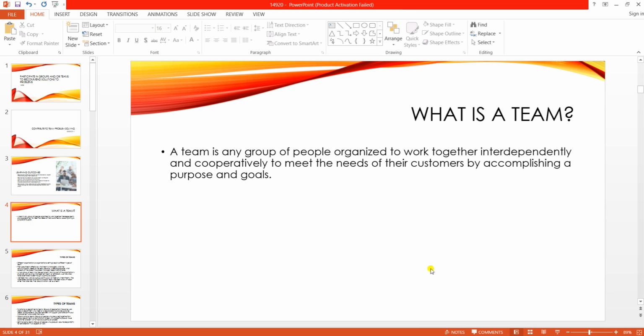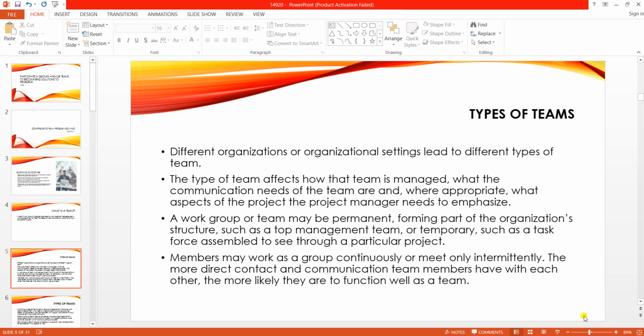In that instance, a team would be giving out objectives in terms of who needs to do what, and in order for the team to accomplish or meet their target, there are certain goals that they need to meet. So they'll work together in order for them to meet their goals. And also, we've got types of teams that we need to understand. So we'll look into that in the next slide.